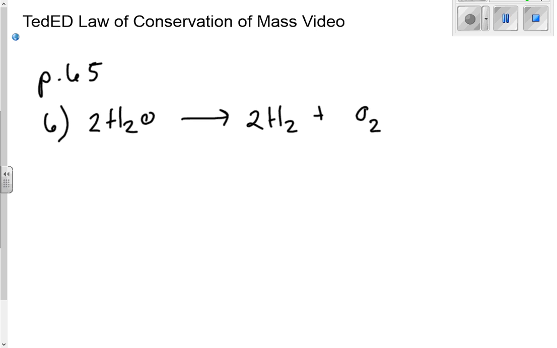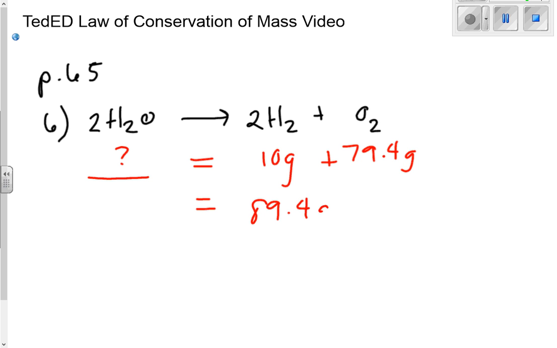It says a student collected 10 grams of hydrogen, put that down here, 10 grams of hydrogen, and 79.4 grams of oxygen. How much water was originally involved in the process? So we want to know. Well, remember, the mass of the reactants has to equal the mass of the products. So that unknown is just 10 grams plus 79.4, so 89.4 grams. And that would be how much water you had to begin with.